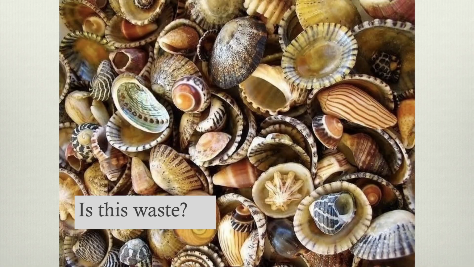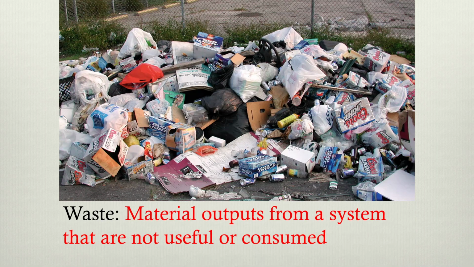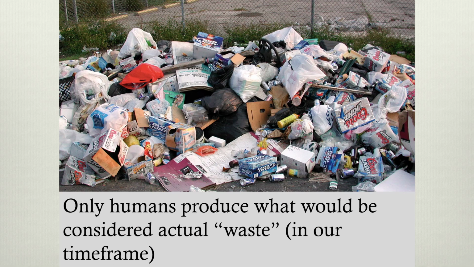Is this waste? So you get an idea of really what things we might think of as waste, but in reality, when we're talking about waste in this unit, we're talking about material outputs from a system that are not useful or consumed. This is waste. Humans are the only ones that can produce what we would consider actual waste in our time frame.